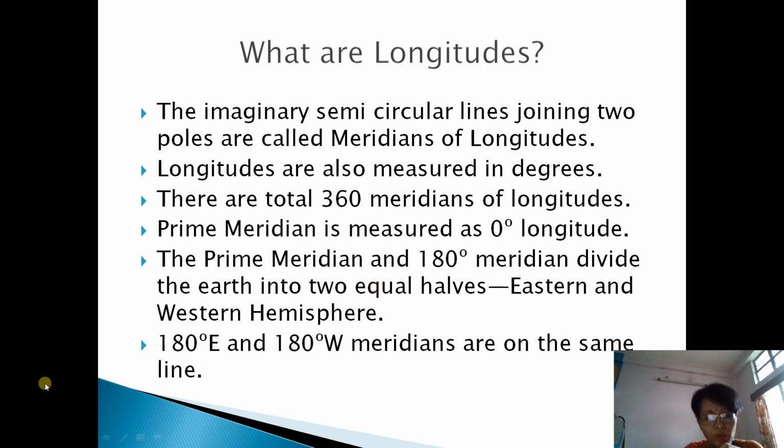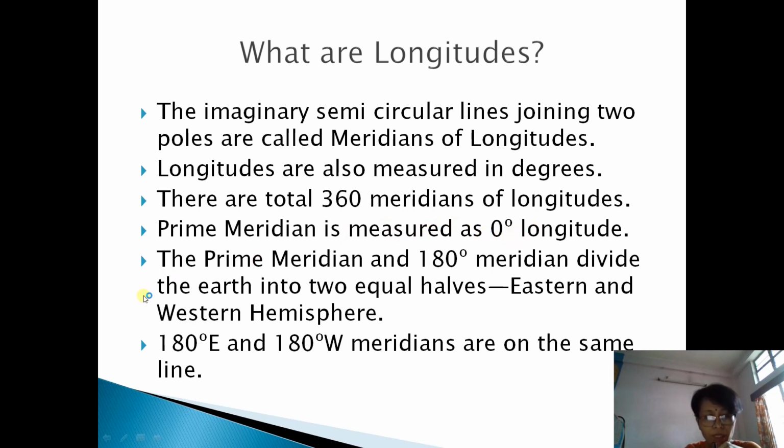Through Greenwich this meridian passes, and there is an observatory, the British Royal Observatory. Through this place one meridian we can imagine, which is called the prime meridian.